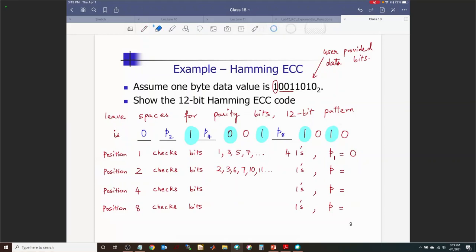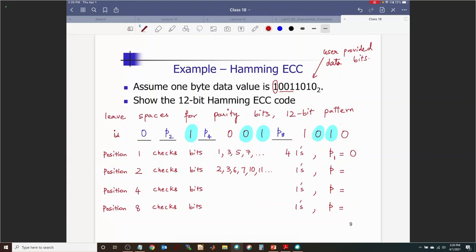So what are those? Let's see. How many ones do you see in 2, 3, 6, 7, and so on? I'm not going to put a thing on P2. So I'll start with 3. 3 is done. 2 blanks, and then 2, 2 blanks, and then 2. All right. How many ones do you see in the second group? 1, 0, 1.